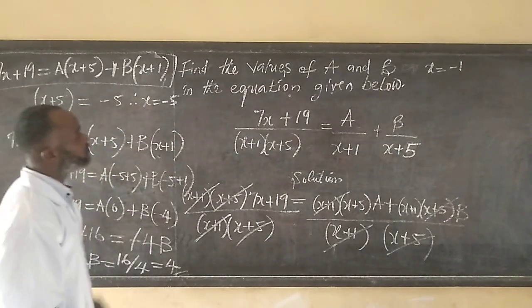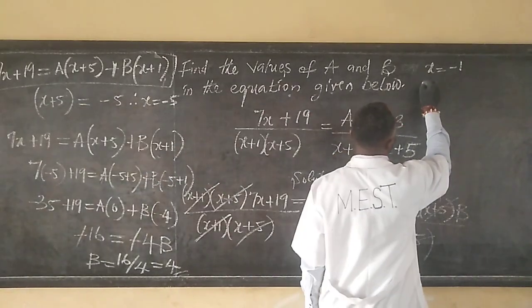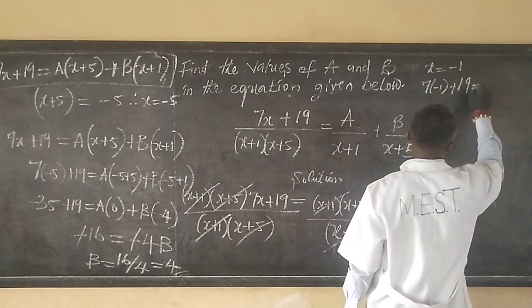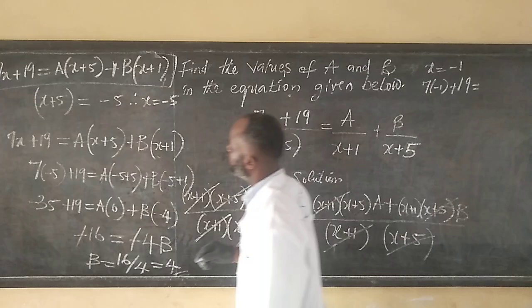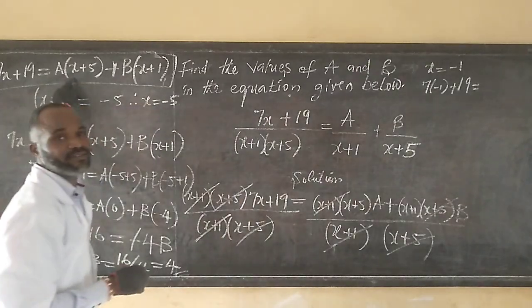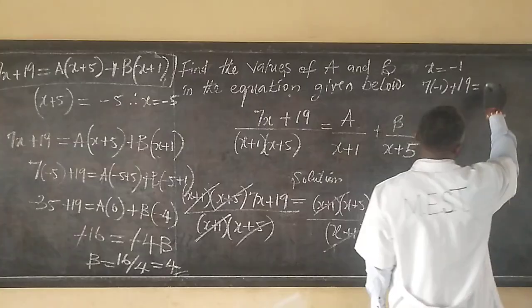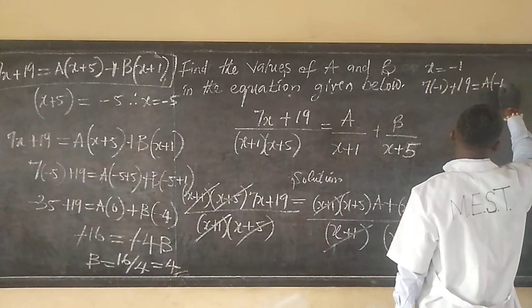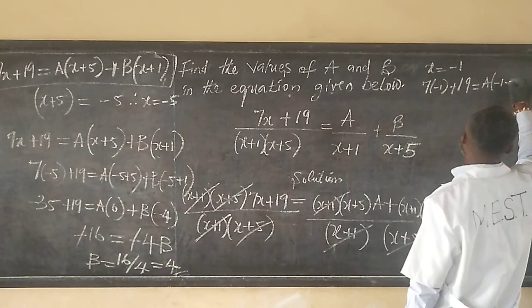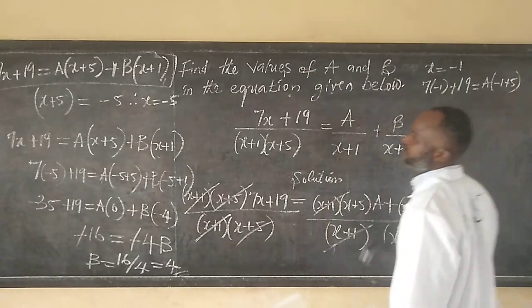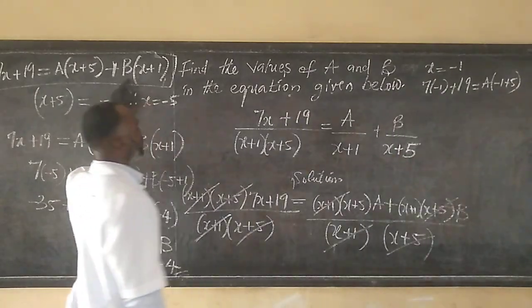At this point, 7 bracket minus 1 plus 19, all equal to a, alright? At this point, a is going to be a bracket open minus 1 plus 5. And then we have also the second part of it, b.